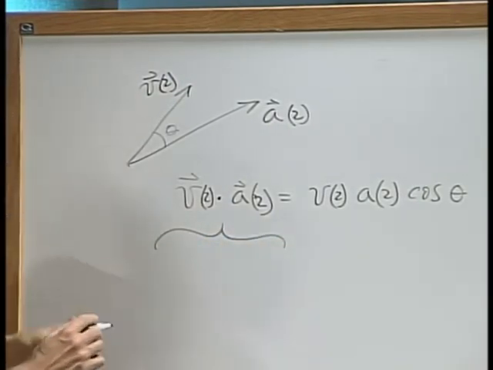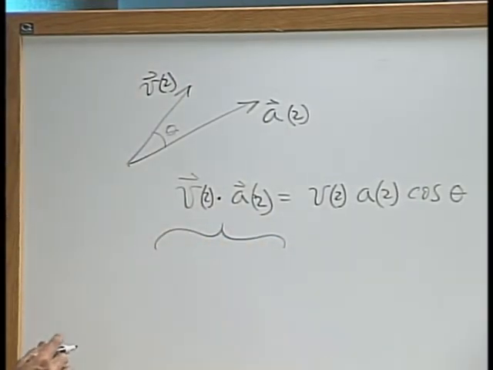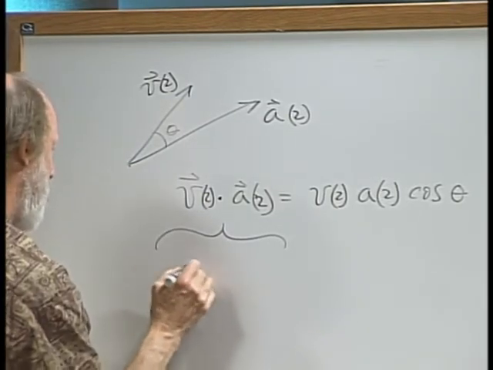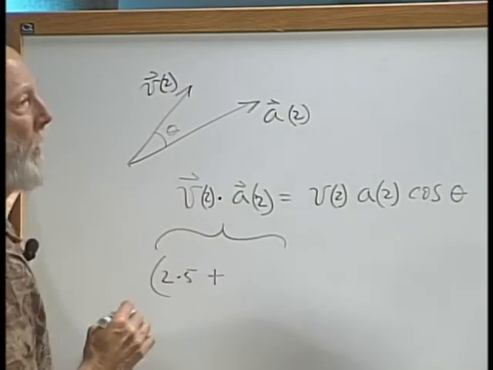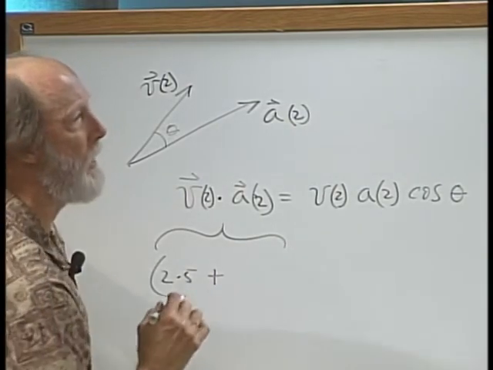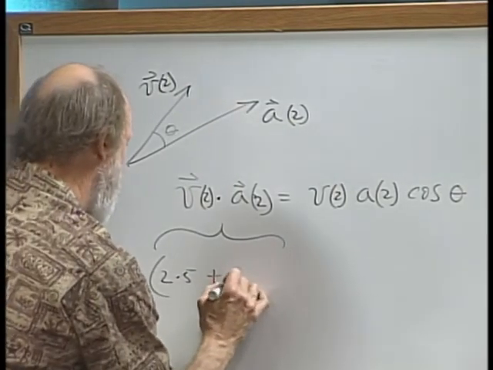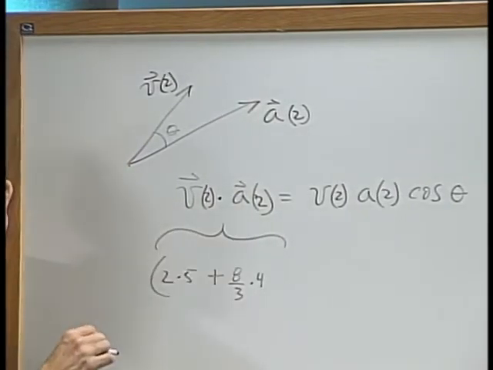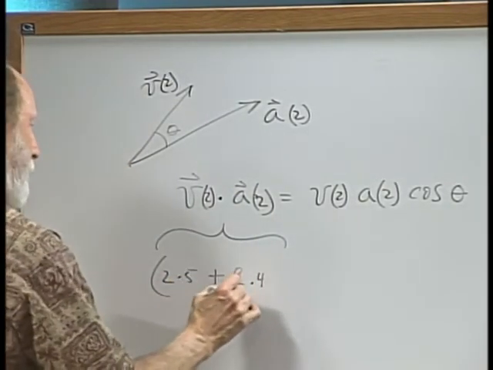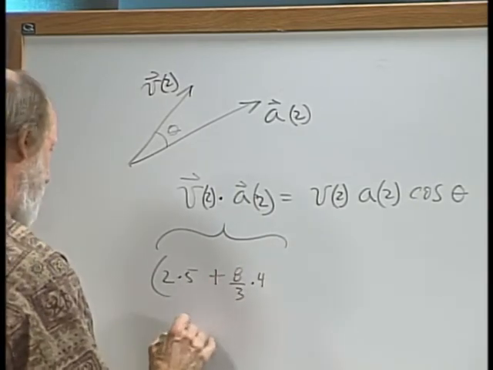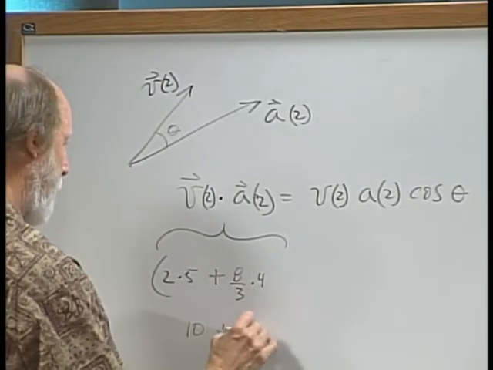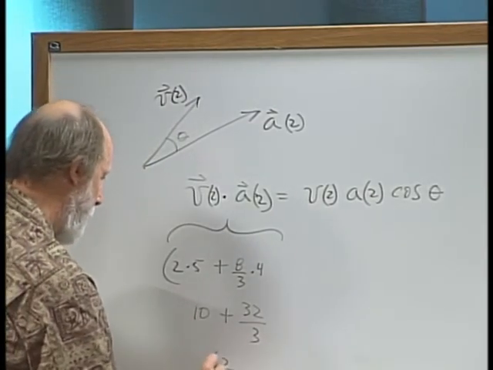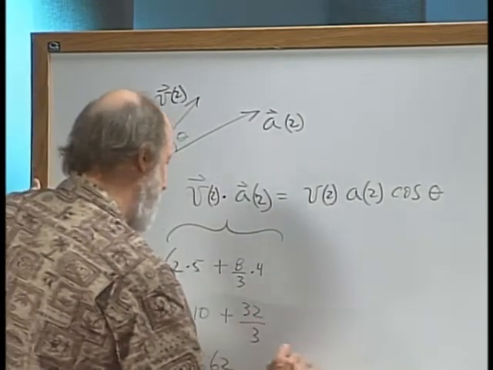It's the product of the scalar terms, so the product of the 2 and the 5, and we add to that the product of the j terms, 8/3 and 4. There's our dot product, which is 10 plus 32/3, which is 62/3 in value.